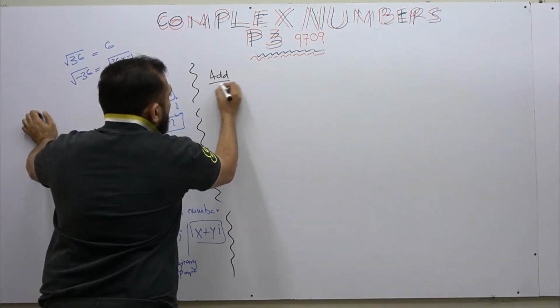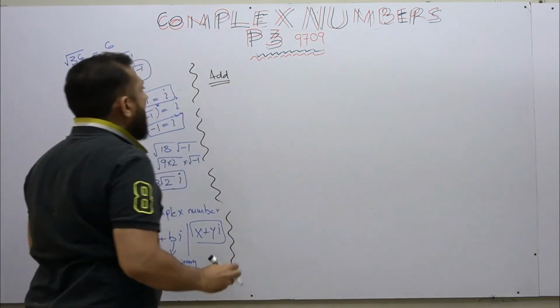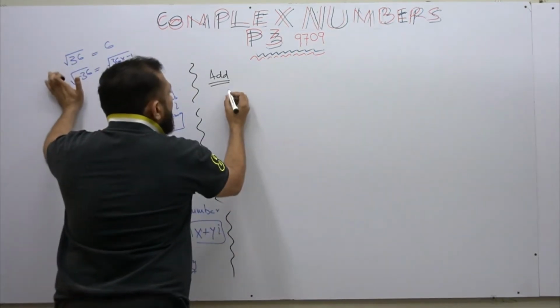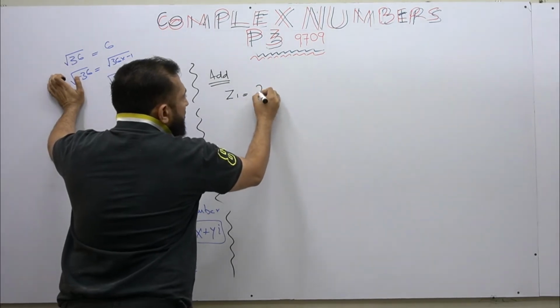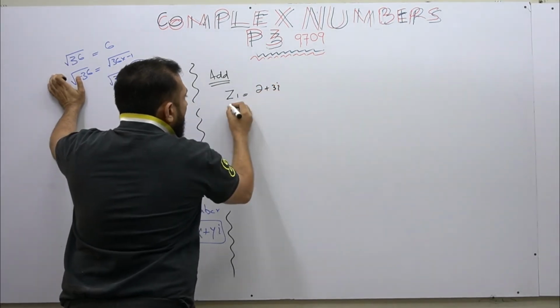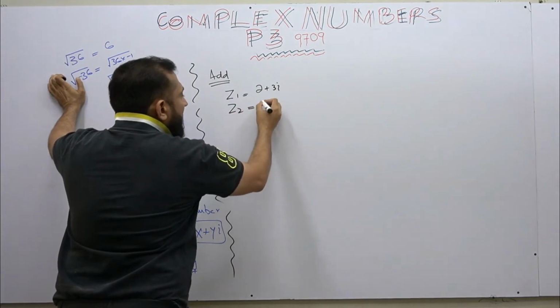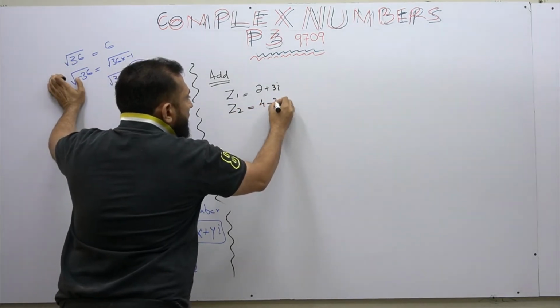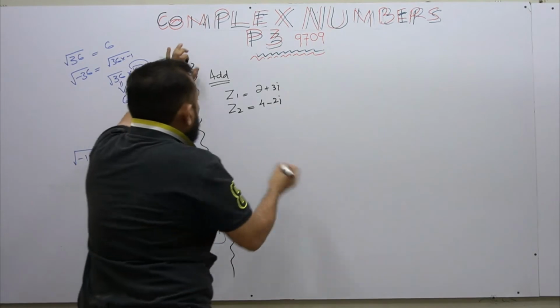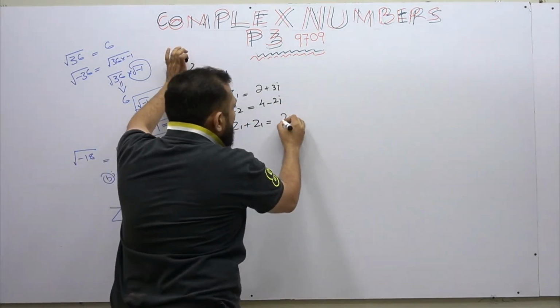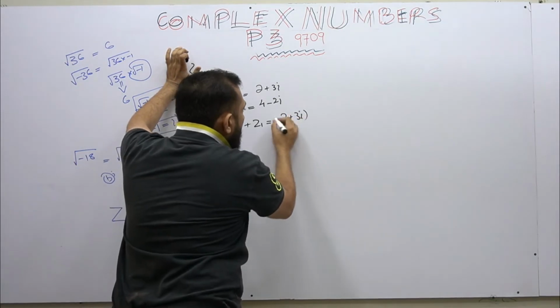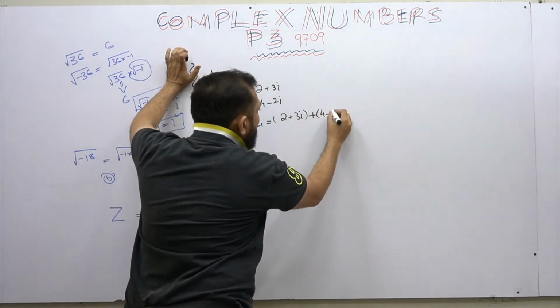सो लाइक अब हम इसके अलजेब्रा की तरफ चलते हैं। एडिशन ऑफ कॉम्प्लेक्स नंबर। सो हाउ टू ऐड टू कॉम्प्लेक्स नंबर? We have z1, that is 2 plus 3i, and z2 is 4 minus 2i. Okay, so what if we add these two? हम अगर इन दोनों को ऐड करते हैं तो कैसे लिखेंगे? 2 plus 3 iota plus 4 minus 2 iota.